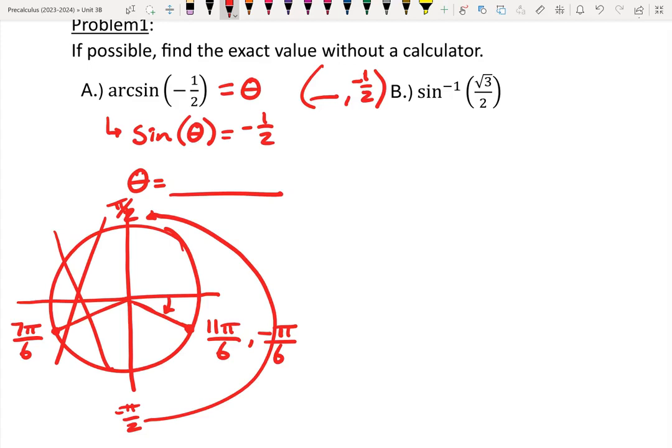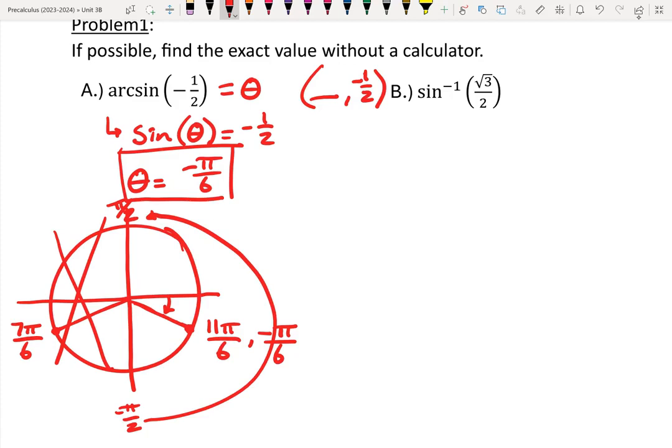So again, we want 11 pi over 6, but we can't give 11 pi over 6 as our answer, and if we do, we will be wrong. So instead, we make sure we write it as the negative version of the angle, a negative coterminal angle to 11 pi over 6. That one would be negative pi over 6. And that's anything that we pull from quadrant 4.